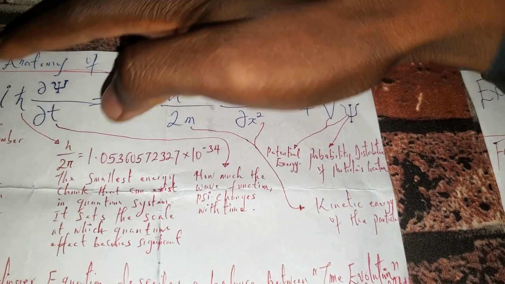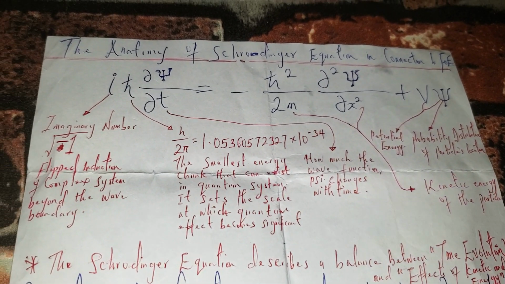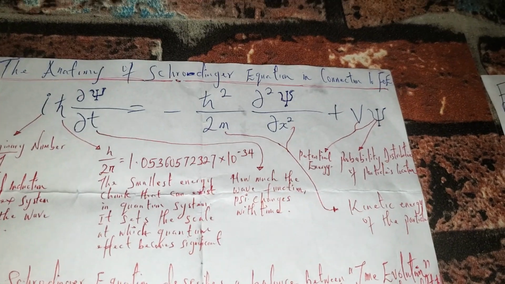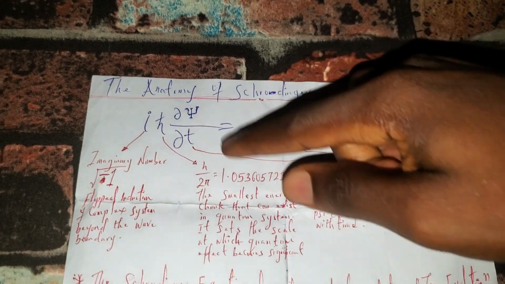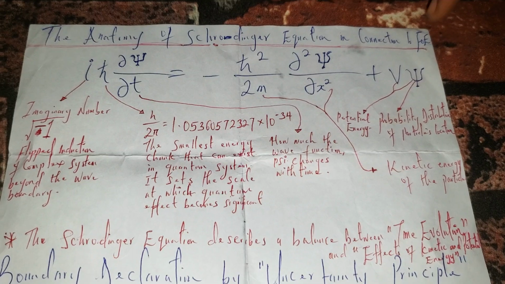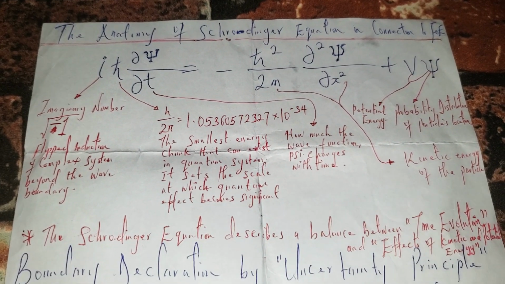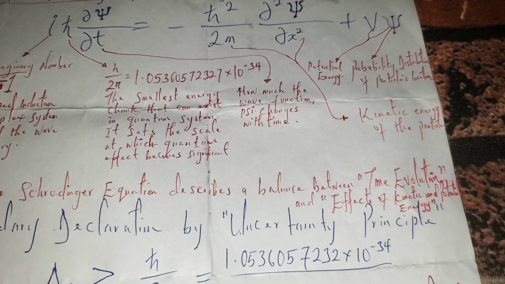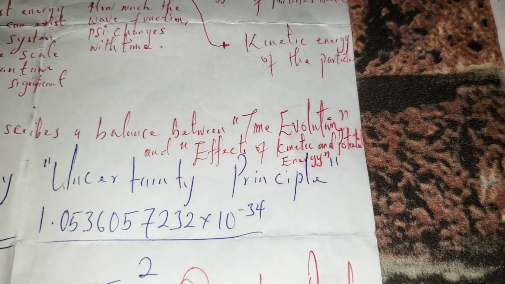When you look at the whole Schrodinger equation, you see that you have the time evolution of the wave equal to the combination of kinetic energy and potential energy. That is what the Schrodinger equation is telling us. So the Schrodinger equation describes a balance between the time evolution and the effect of kinetic and potential energy.